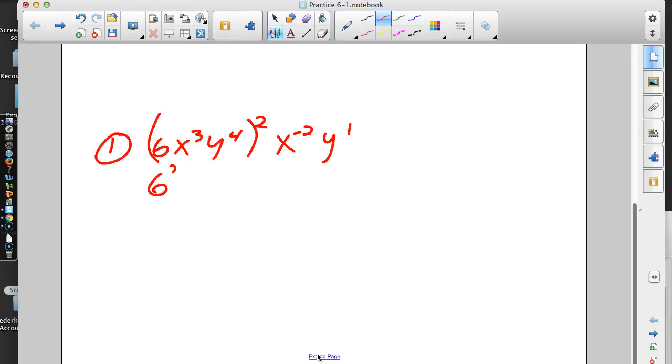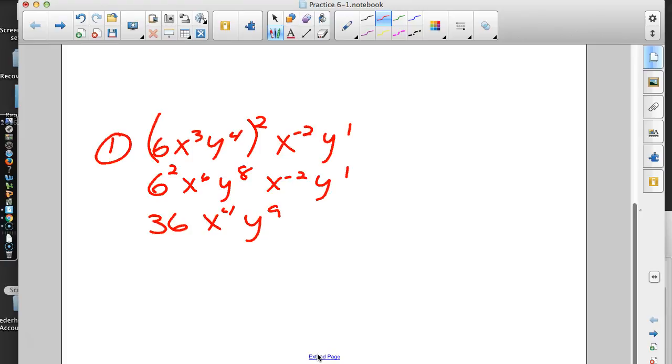So that'll be 6 squared, and when you raise a power to a power, you multiply. x to the 6th, y to the 8th, and then we still have our x to the negative 2, y to the first to deal with. Now we know 6 squared is 36. When you're multiplying similar bases, you add the exponents. So 6 plus negative 2 is 4, 8 plus 1 is 9. So 36, x to the 4th, y to the 9th.